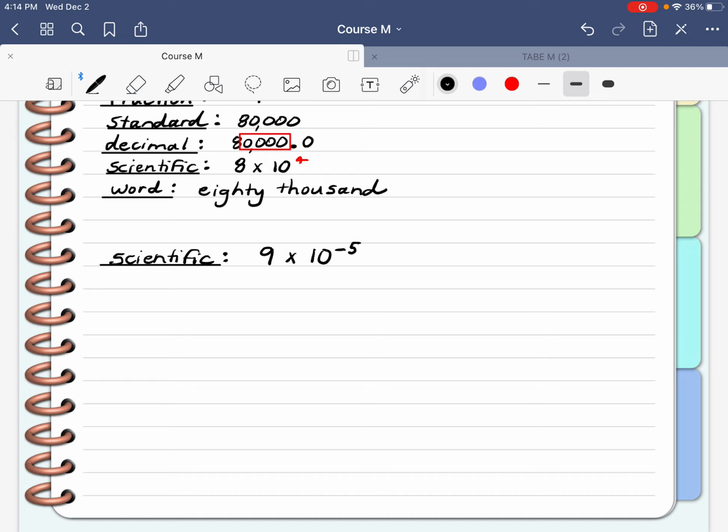So let's see if we can build a decimal. I know this is a decimal because that exponent is negative. Okay. So here's my leader and here's my decimal. Now I need to go out 5 places behind the decimal. That's what this is saying. 5 places after the decimal.